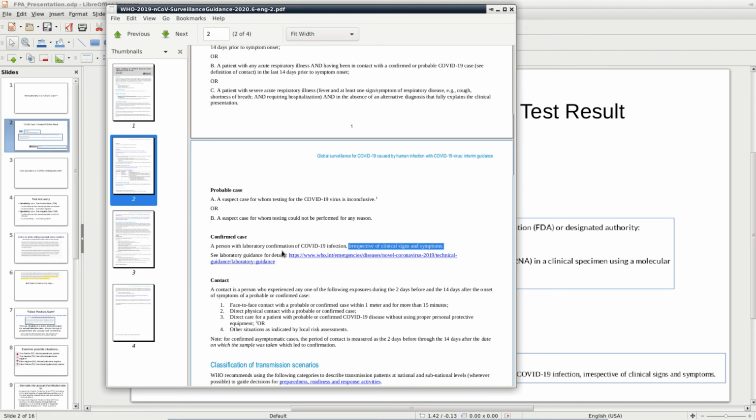If you have a positive test, you're a confirmed case. Well, technically it says laboratory confirmation, so there's still a little fuzziness there. Does that mean a single positive test, or that they should be retested, maybe two subsequent positive tests? I don't know. But it's clear that it doesn't matter what the symptoms are.